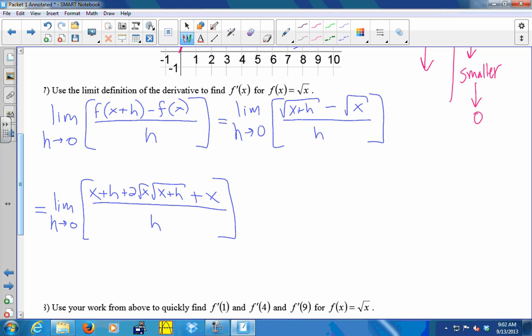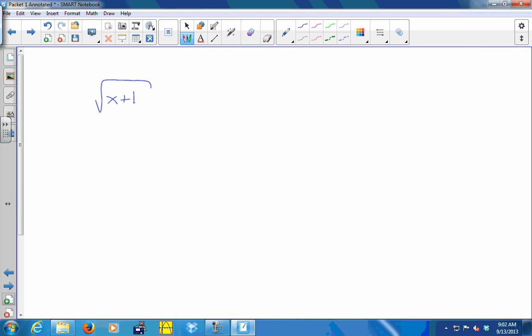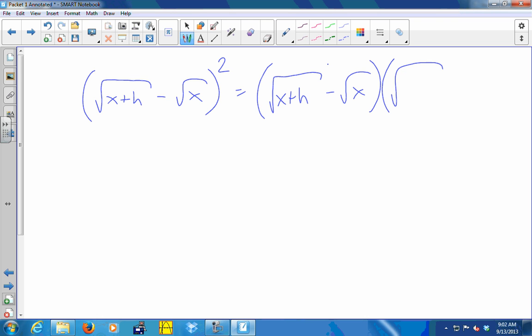Okay. So I'm doing this, right? That is square root x plus h minus square root x times, and then you have to FOIL it out. So my firsts are going to give me an x plus h. My outer and my inner, it's going to be plus, right?